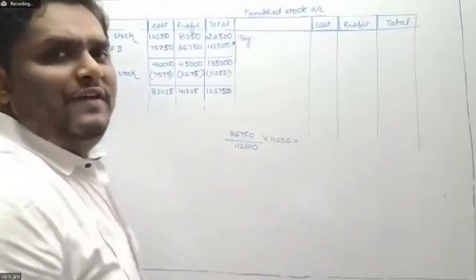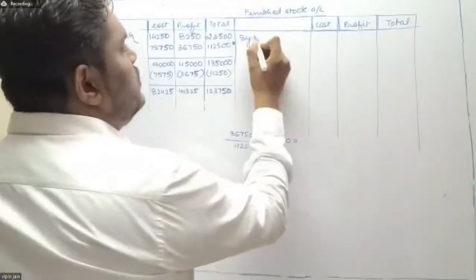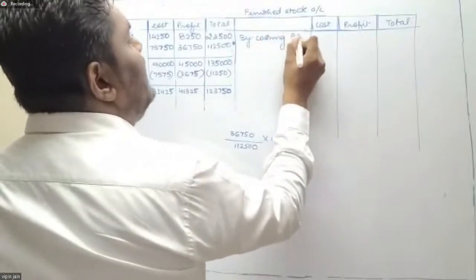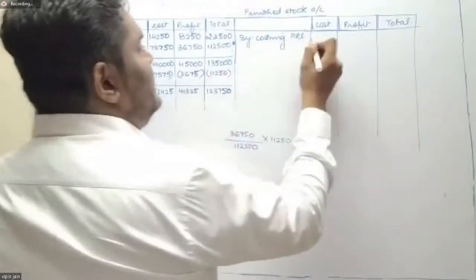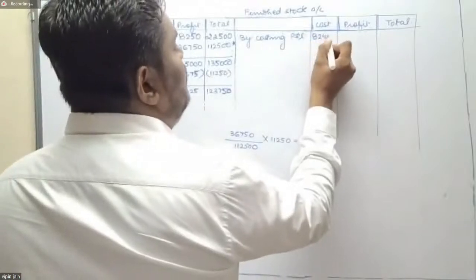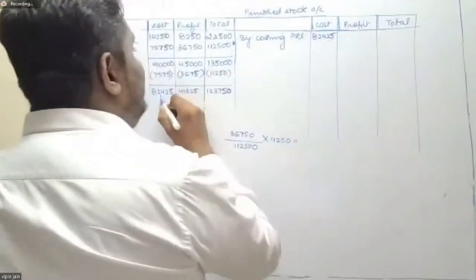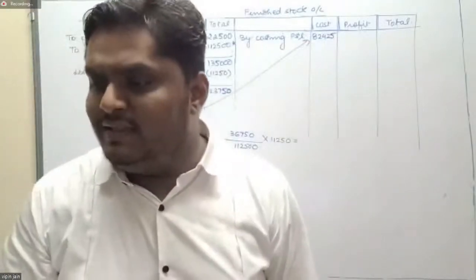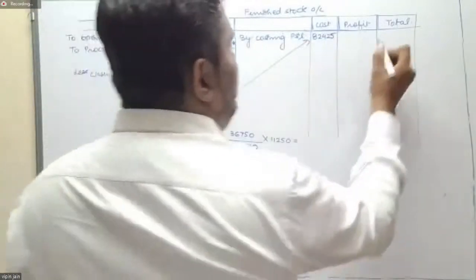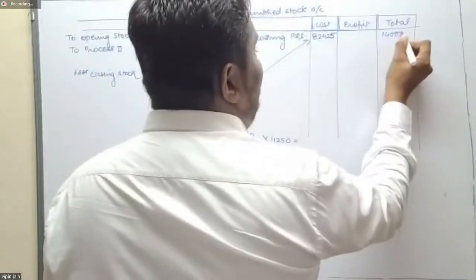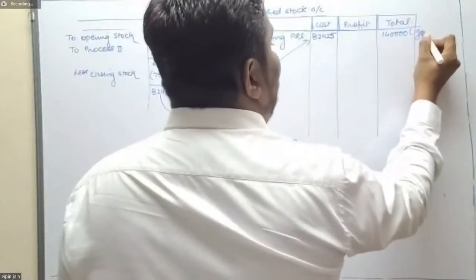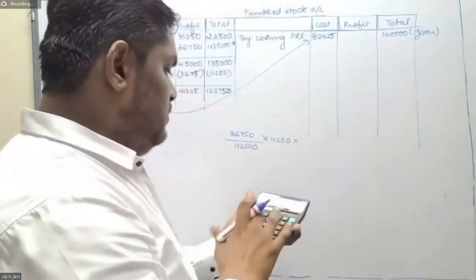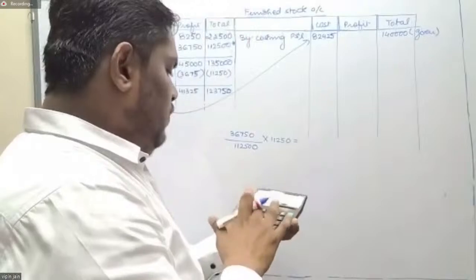Now, since the finished goods are finally sold in the market, we can transfer it to costing P&L or income statement, whatever it is. That is 82,425 is the total cost till date. Since it is given in the question that the sales during the period were 1,40,000, the sales figure is given in the question, that is 1,40,000. So 1,40,000 minus 82,425.